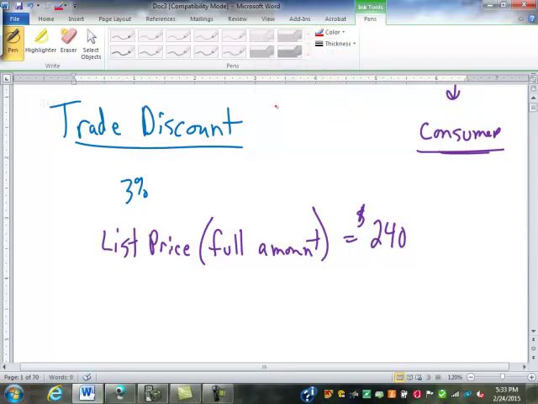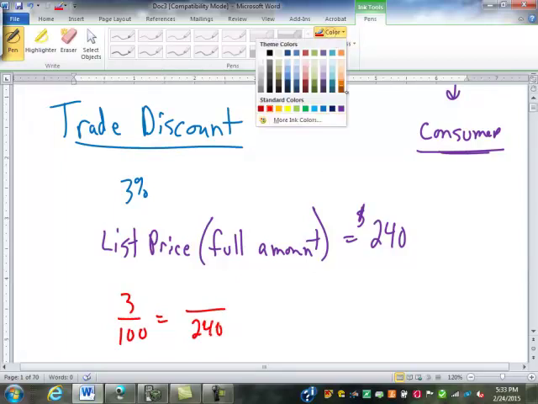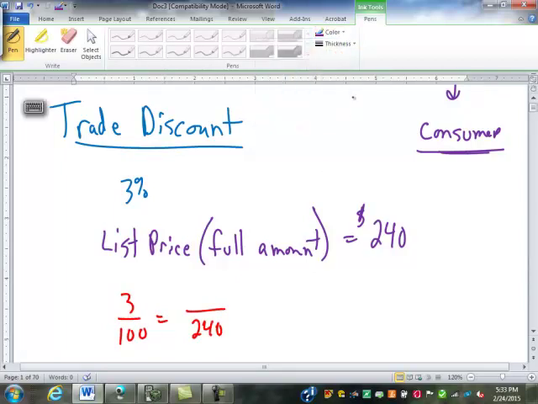And we looked at this back in the first unit when we talked about percent increase and decrease. We can find 3% of the 240. If we cross multiply and divide here, what are we going to get? $7.20. There we go. $7.20 would be the amount of your discount.